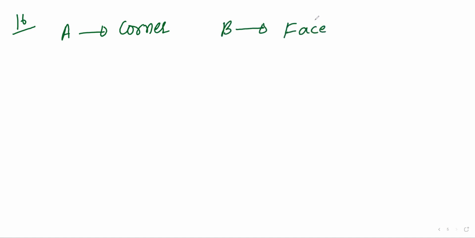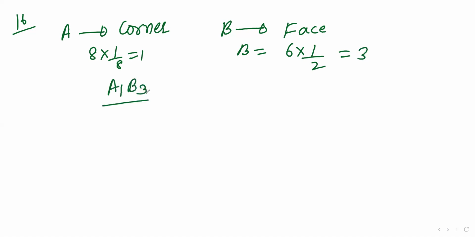The formula of the compound will be. So it is very simple. We have solved it previously, right? So the corner, 8 into 1 upon 8, so it will be 1. And for the B faces, 6 faces, contribution is 1 upon 2, so 3. So A will be 1 and B will be 3. So formula is AB3. This question is repeated, I think. Please write.